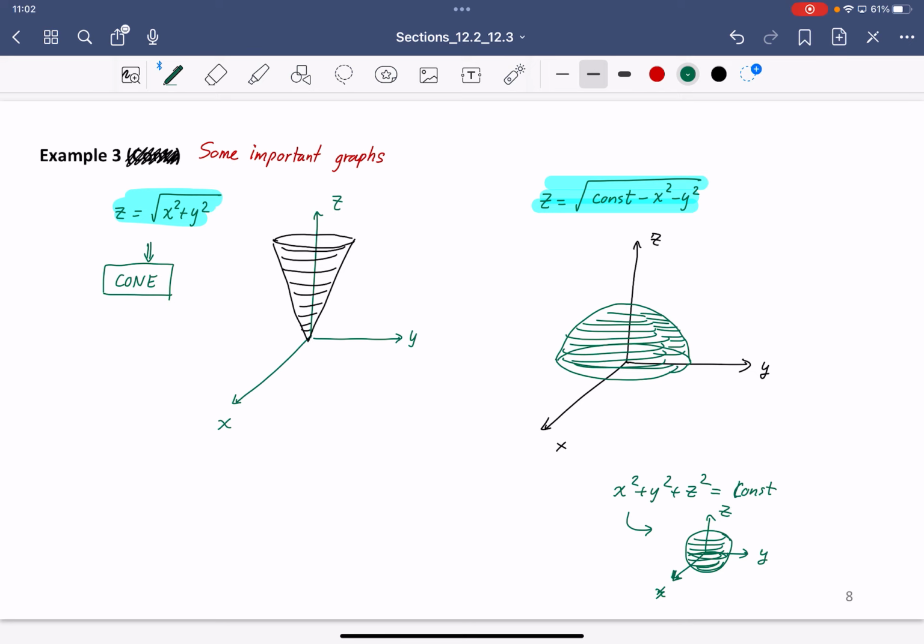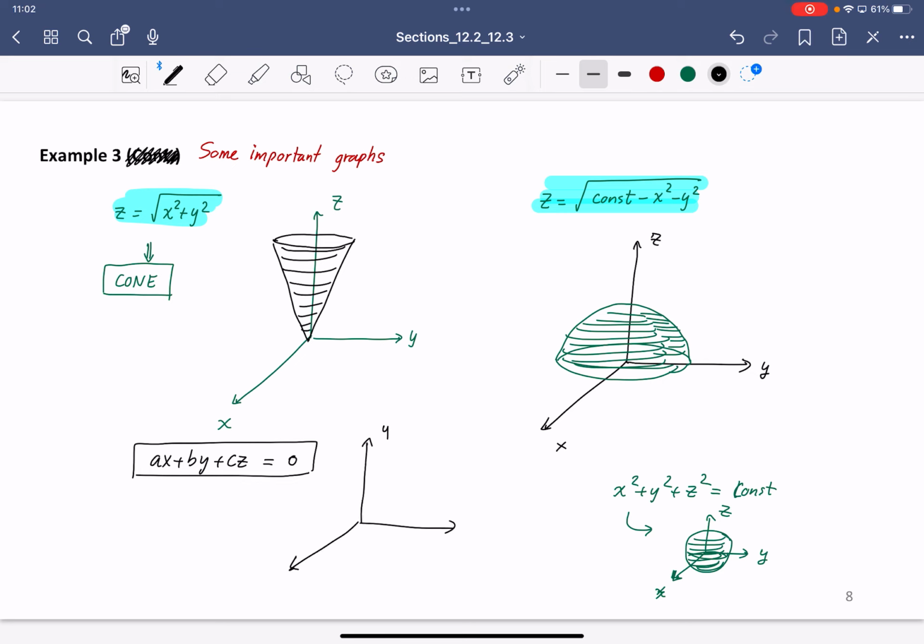Another one is the plane. A plane is ax plus by plus cz equal to some constant. This is going to give you a plane in R3.